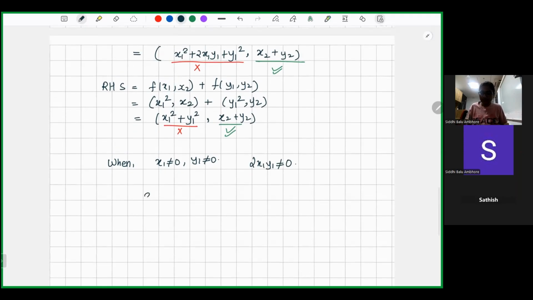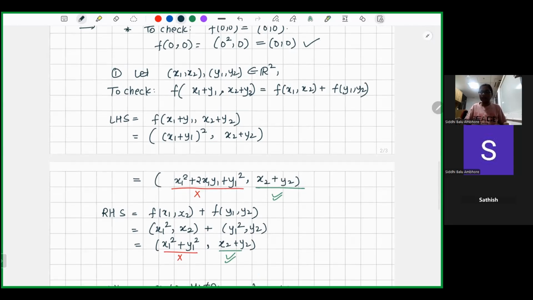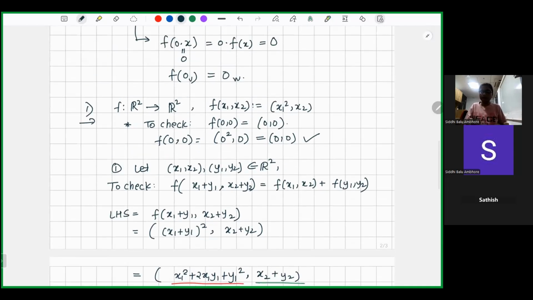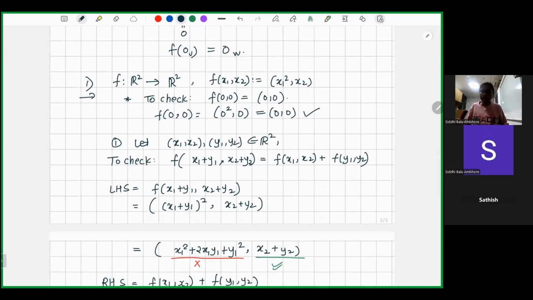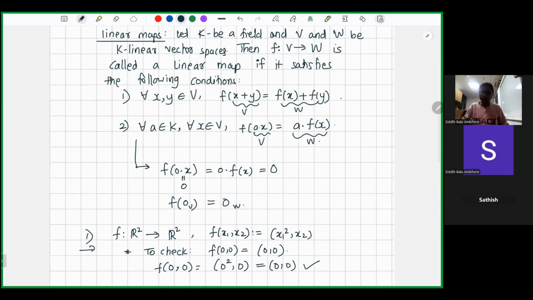And in that case, this x1 square plus y1 square, that is the first coordinate of the right hand side term, will not be equal to x1 square plus 2 x1 y1 plus y1 square. Hence, in general this map defined here is not a linear map because it does not satisfy this first property.